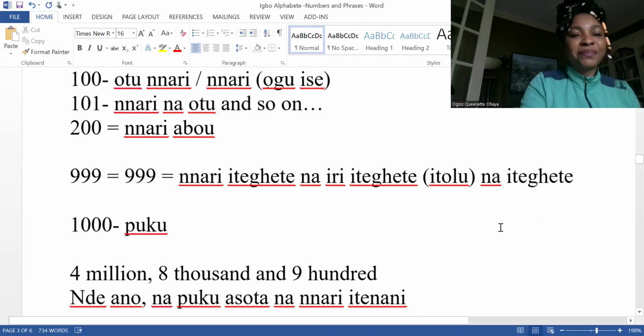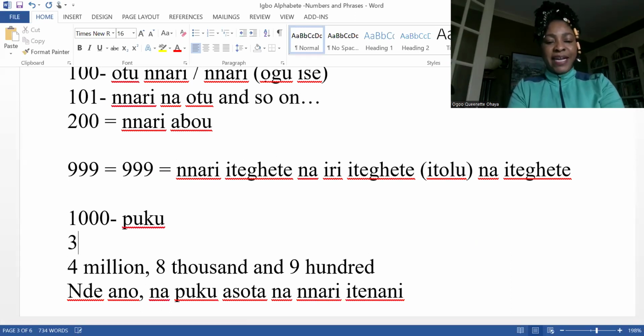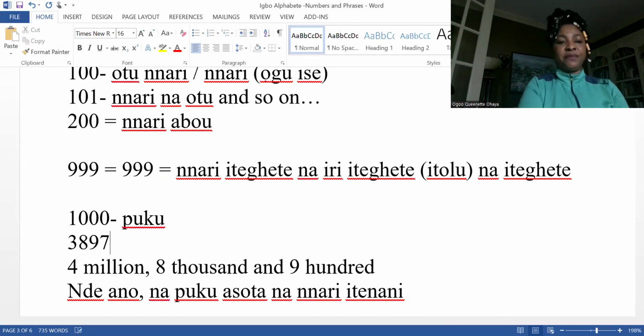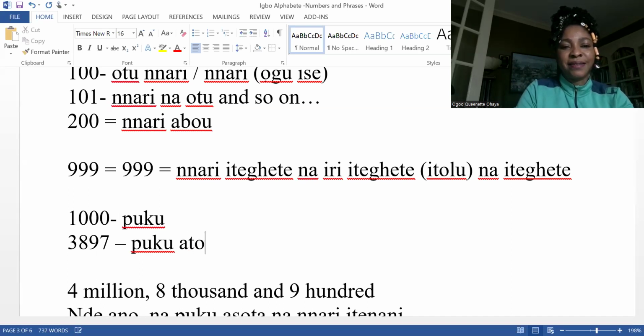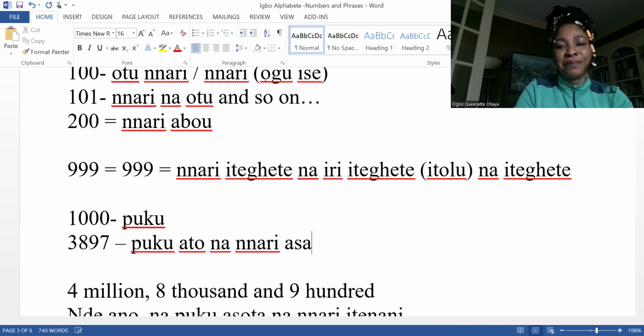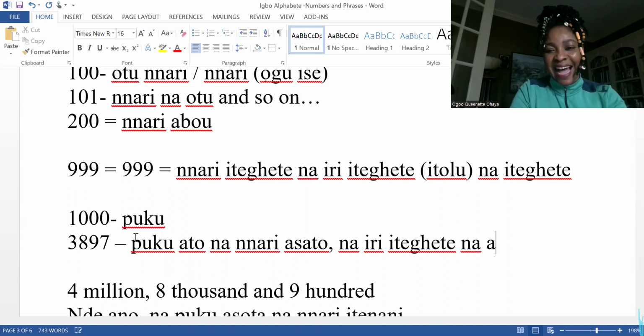Chinua dalo. Chinedum. 3,897. Chinedum. 3,897 bụ puku atọ, narị asatọ, na iri iteghete, na asaa. Awesome.